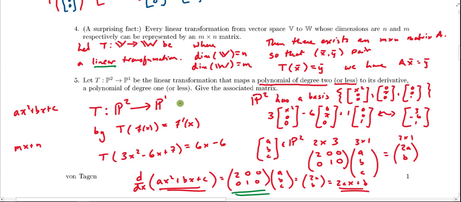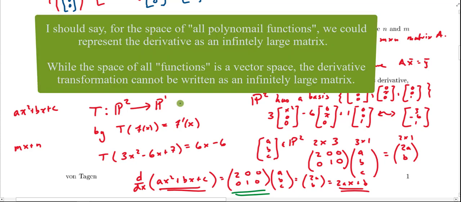Folks, you could actually extend this idea, but it becomes impossible to write out. We've said that the space of all functions is a vector space and that the derivative is a linear transformation. And so you could come up with an infinitely large matrix that does the derivative operation for you. And that's something you could think about if you want, although it makes my head hurt a little bit.